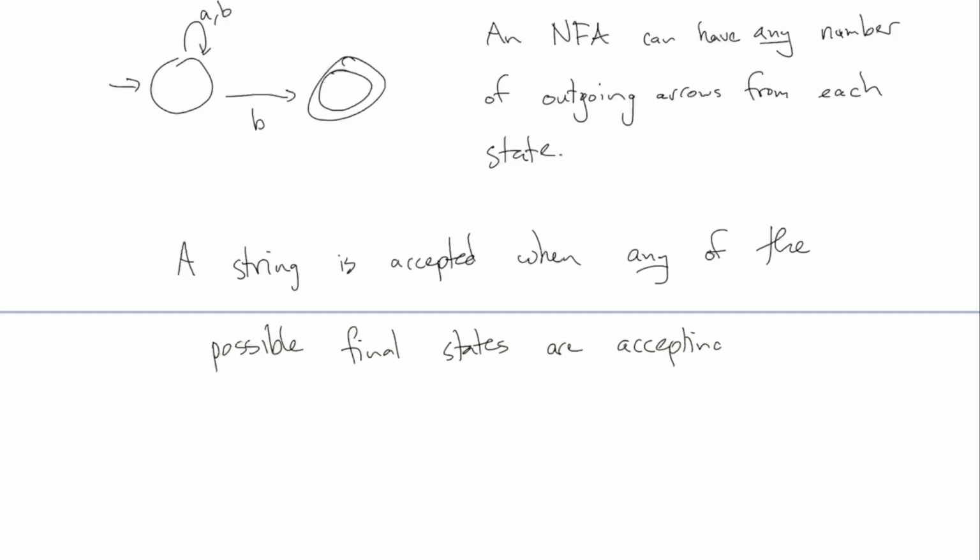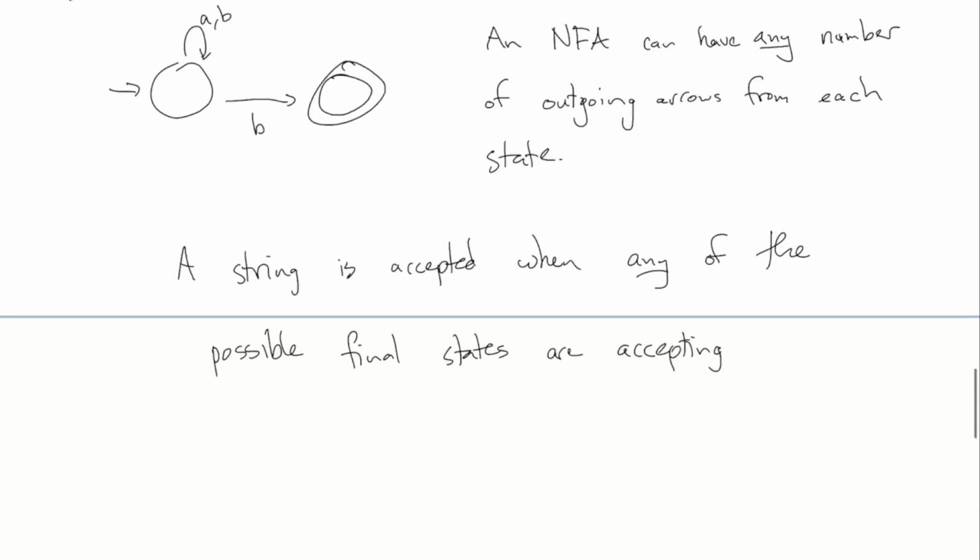So it's a little bit harder on an NFA diagram to tell if something is accepted or not, although this one is very simple, so it's easy to tell. But a string is accepted when any of the possible final states are accepting after processing the string.